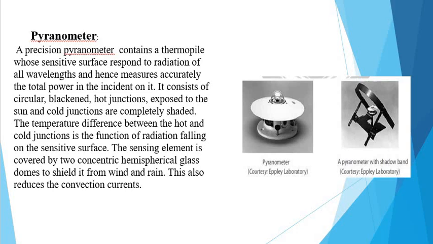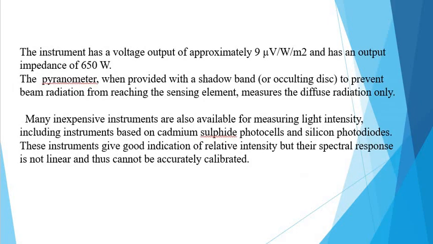The temperature difference between the hot and cold junctions is a function of the radiation falling on the sensitive surface. The sensing element is covered by two concentric hemispherical glass domes to shield it from wind and rain. This also reduces the convection currents.